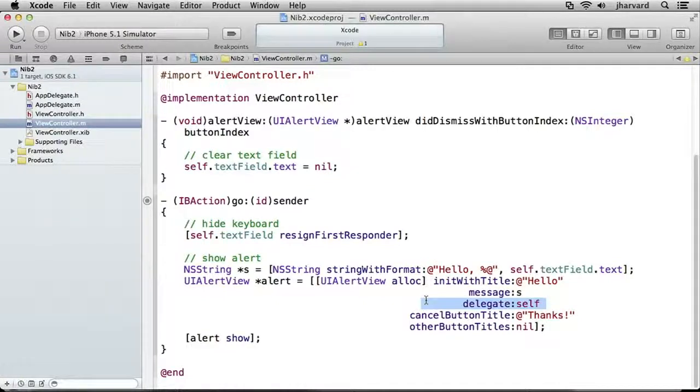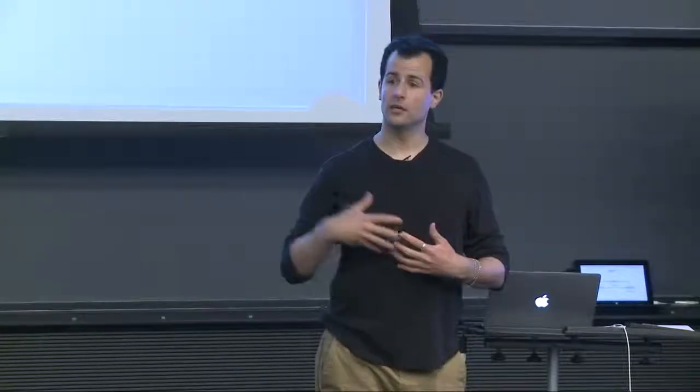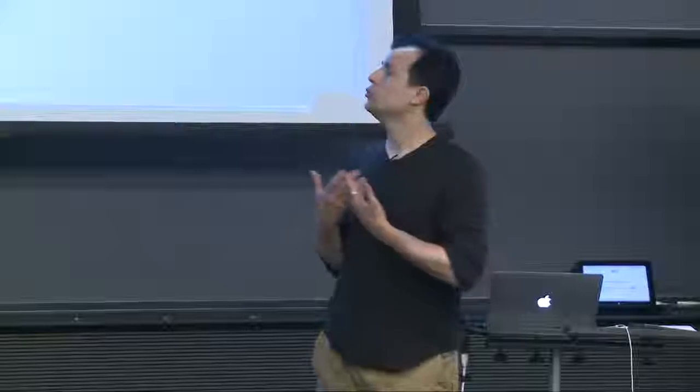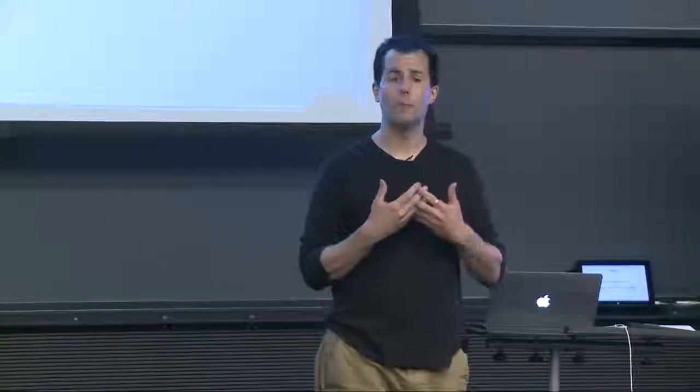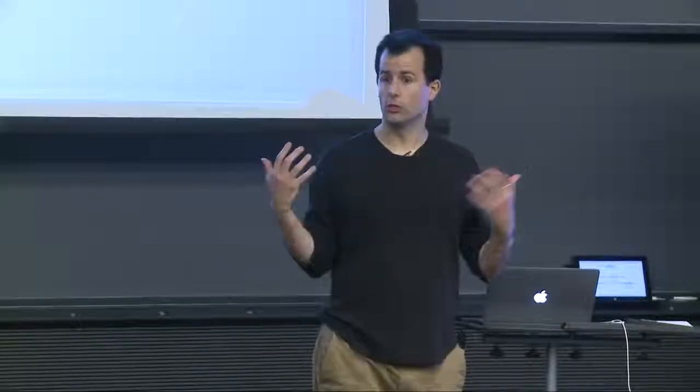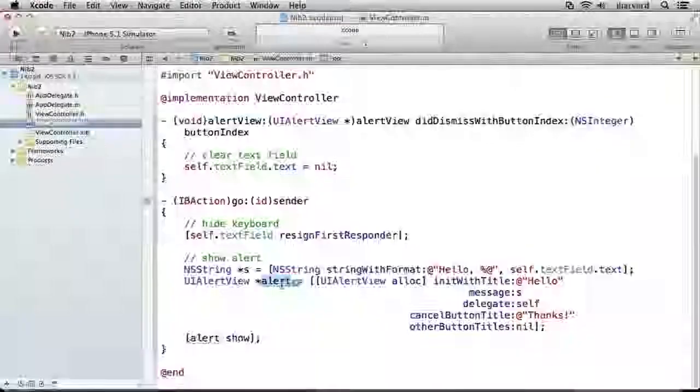So this is a very common paradigm in iOS, whereby when you call a method on some other object, in this case this UI alert view object, and you want to inform that guy to whom he should send a message when he's done doing something, you can pass in a delegate reference, a pointer to some other object. In this case, who do I want to be informed when that button is clicked? Myself. And literally, I pass in, therefore, self.